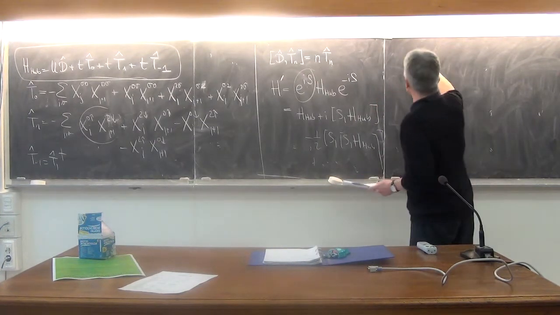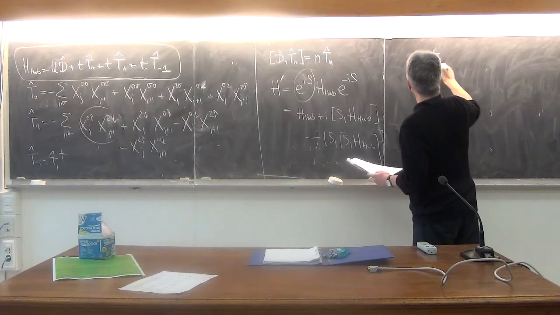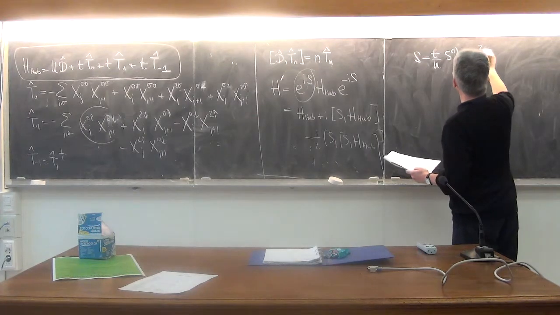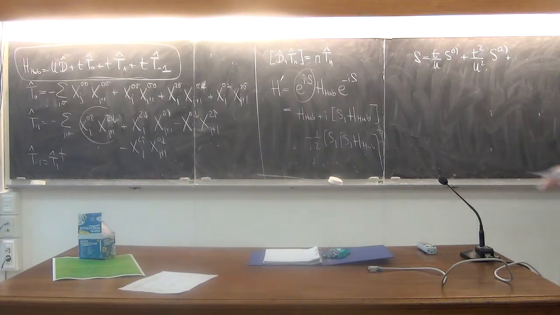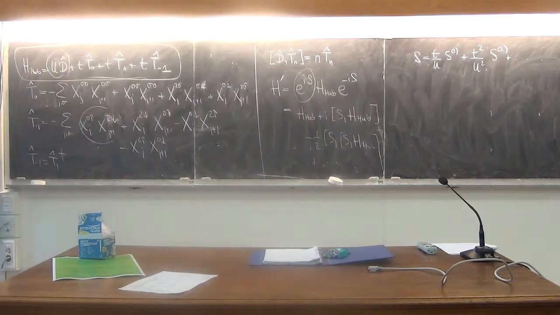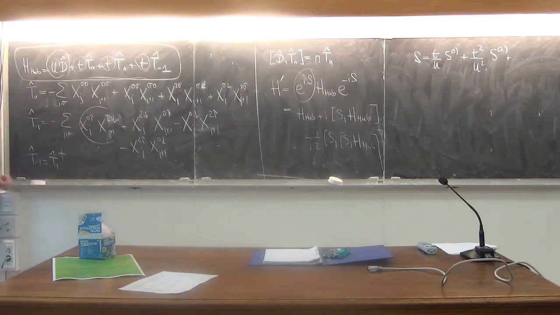So now the idea is to choose S as a power series. Yeah? And then, if you look here, this is very large because it's proportional to U. These are small, they're all proportional to T. Yeah?